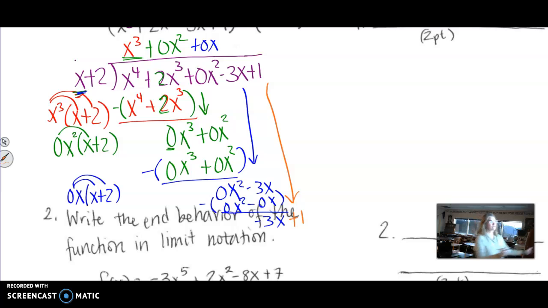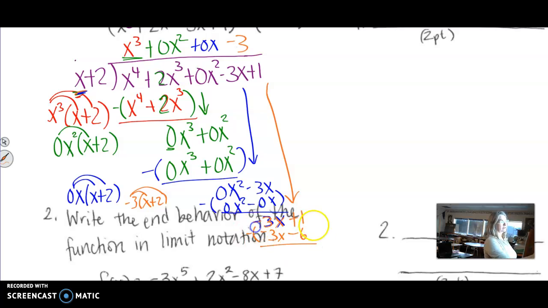Now what do I have to multiply x by to get negative 3x? The answer is minus 3. If I do negative 3 times x plus 2, I get negative 3x when I distribute, and then minus 6.